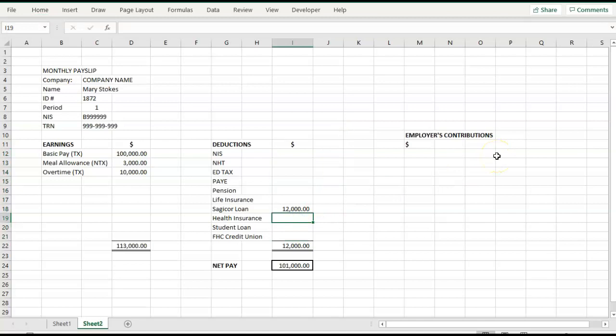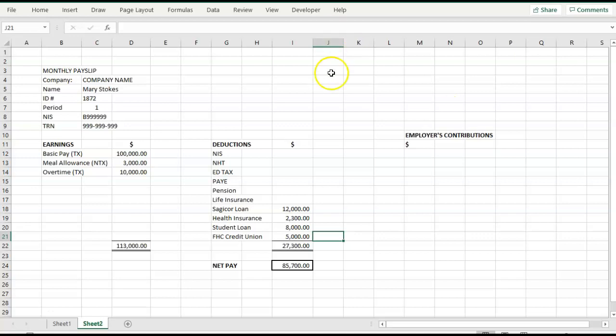For health insurance, let's put 2,300. For student loan, let's put in 8,000. And for the credit union, let's put in 5,000. So already Mary has $27,000 taken out for deductions, and the statutories have not gone in as yet.